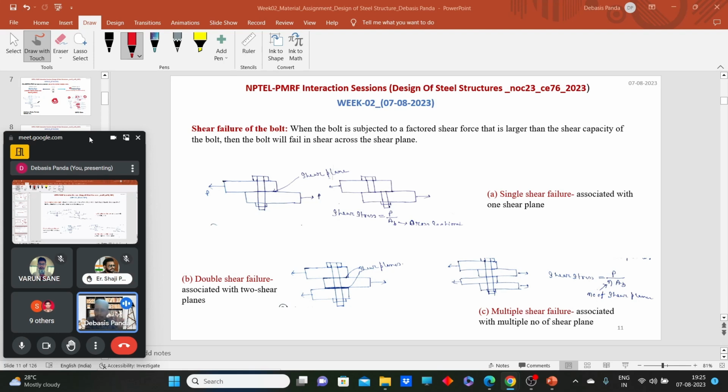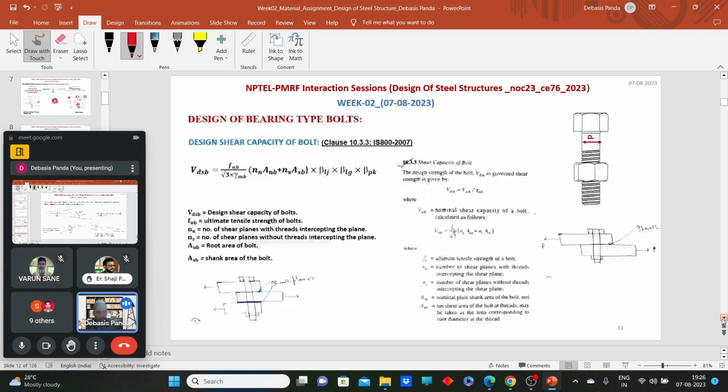So we have to calculate the shear capacity of the bolt, the bearing capacity of the bolt, and the tensile capacity of the bolt when tension is directly applied. We have seen that shear failure can occur associated with different shear planes. When one shear plane is there, we call it single shear failure. When two shear planes are there, we call it double shear failure, and so on. Now you can come to know why these shear planes are important during design.